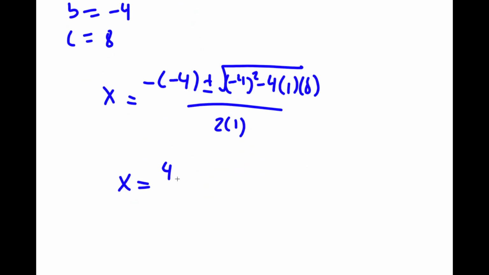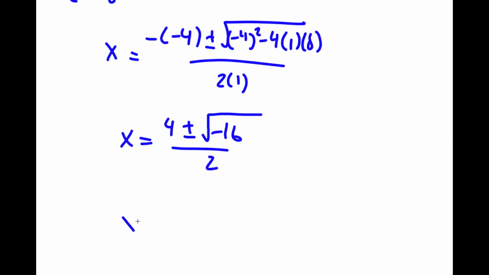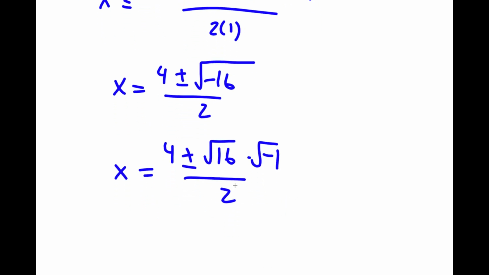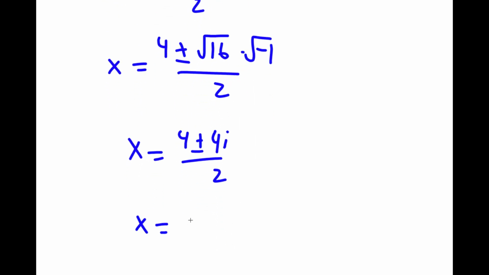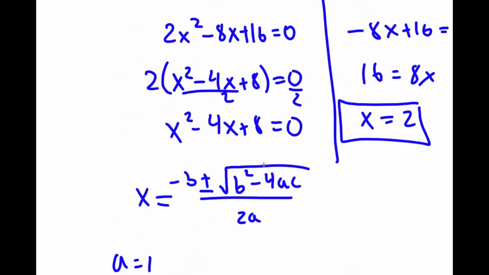This is equal to 4 plus or minus the square root of 16 minus 32, which is negative 16, all over 2, which is equal to 4 plus or minus the square root of 16 times the square root of negative 1 over 2. The square root of 16 is 4, so now I have x is equal to 4 plus or minus 4 times the square root of negative 1, which is i, over 2, which is equal to 2 plus or minus 2i. So these are my three solutions to this problem.